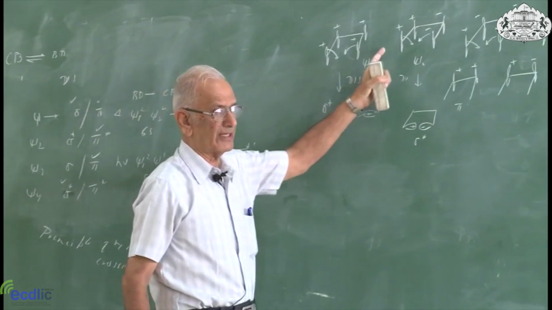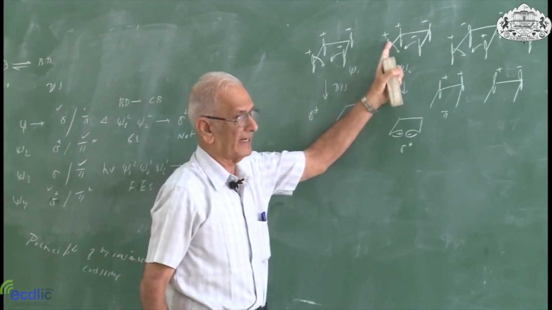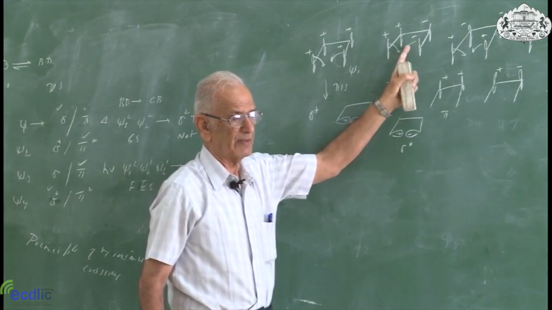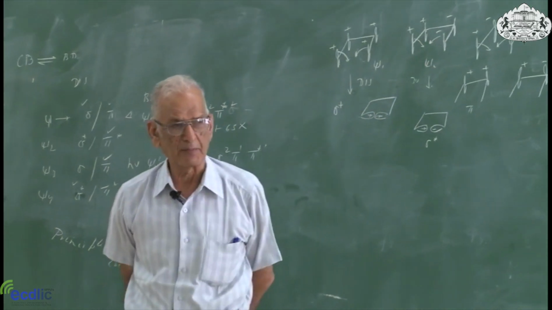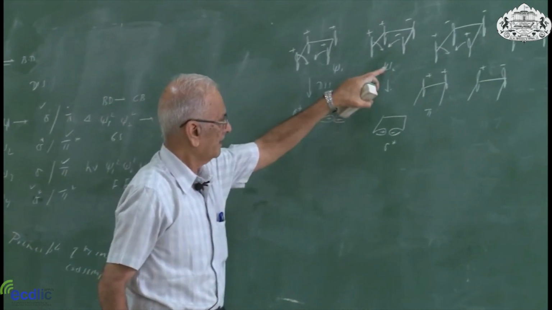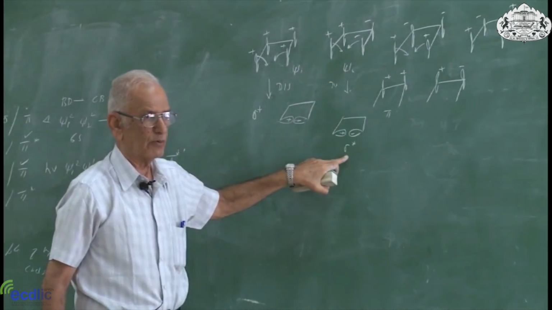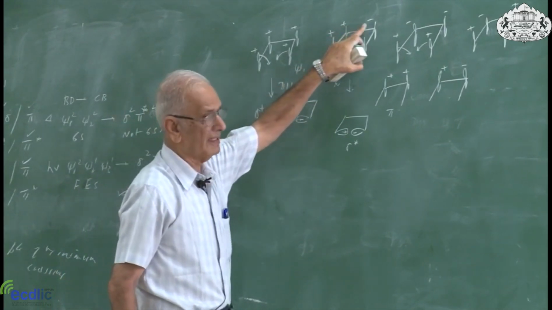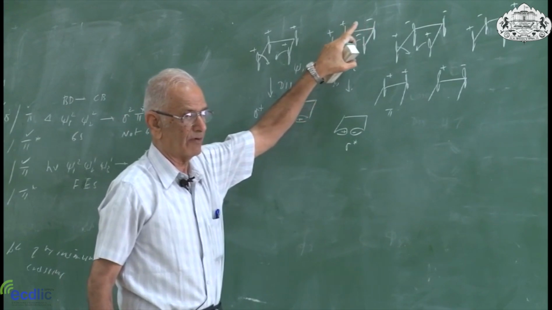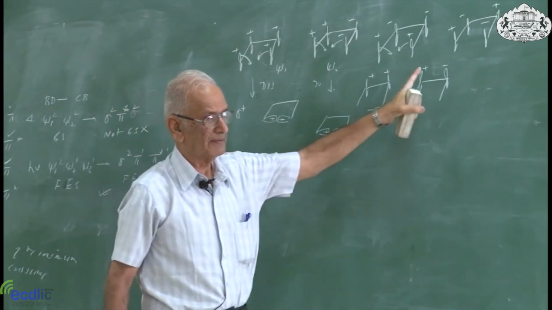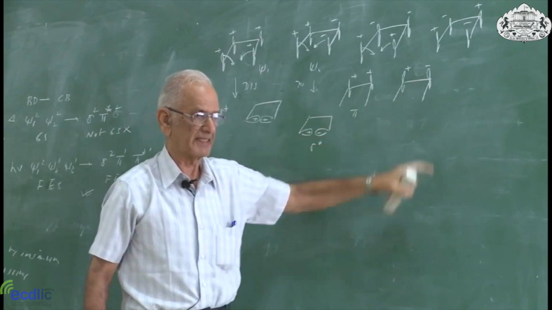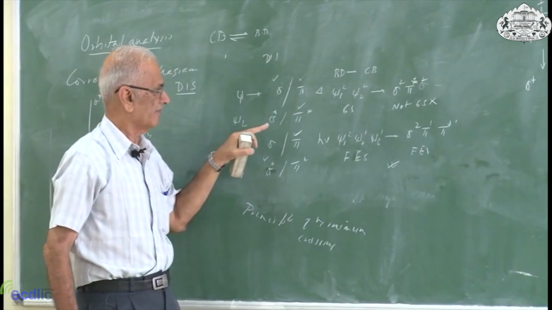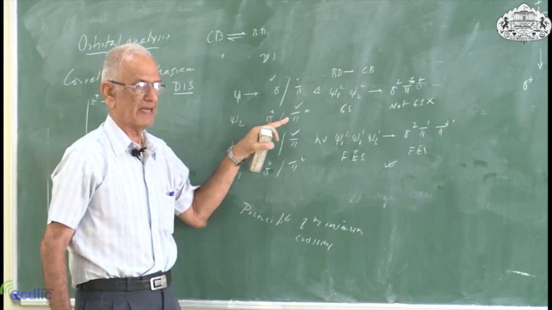When I look at psi 2, when I look at end orbitals and do disrotatory process, what will happen? It will give me anti-bonding orbital. So, psi 2 in disrotatory process will correlate with sigma star. When I look at middle orbitals, they have opposite signs, therefore, it is correlating with pi star. Therefore, your psi 2 is correlating either with sigma star or pi star.